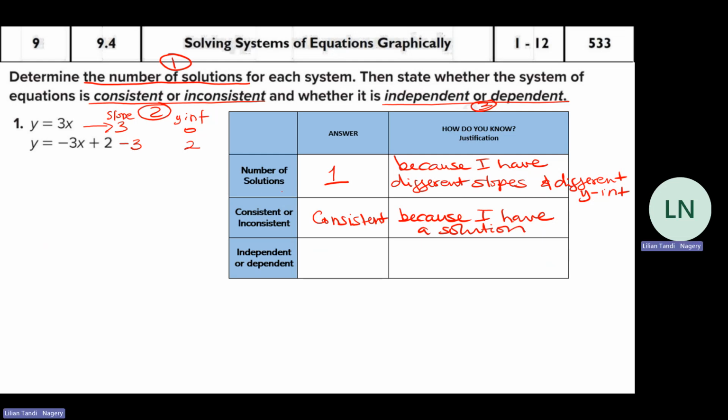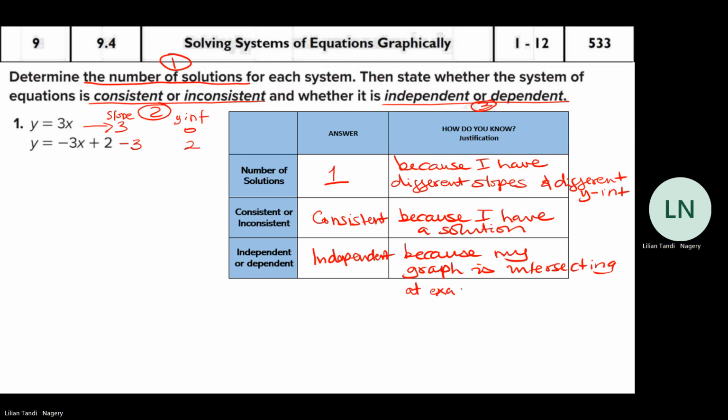Now, if you have one solution, your answer will always be independent, because your graph is intersecting at exactly one point, or because I have one solution.